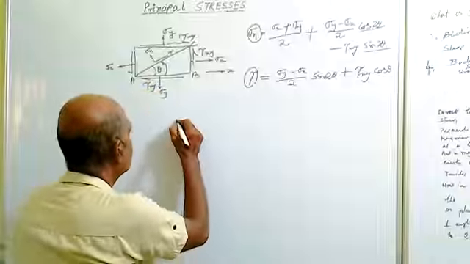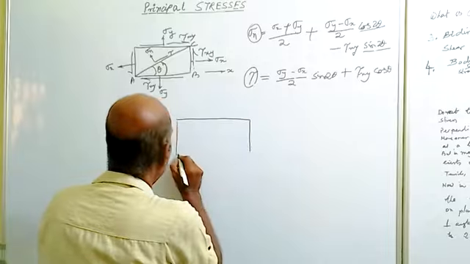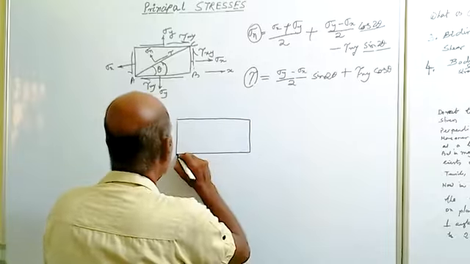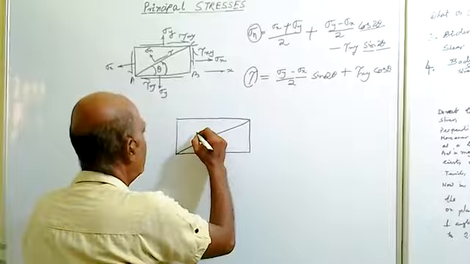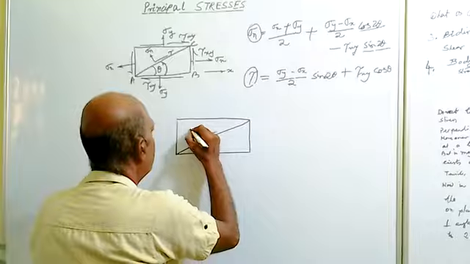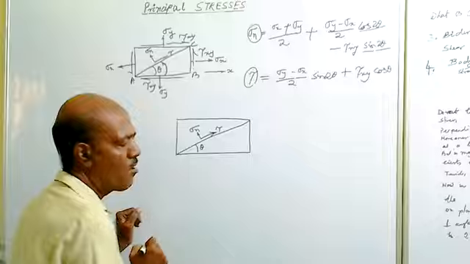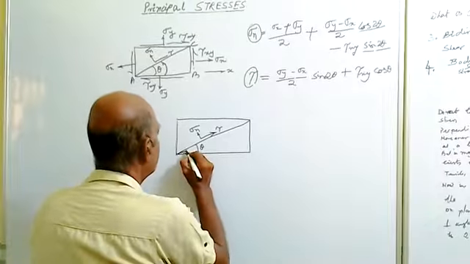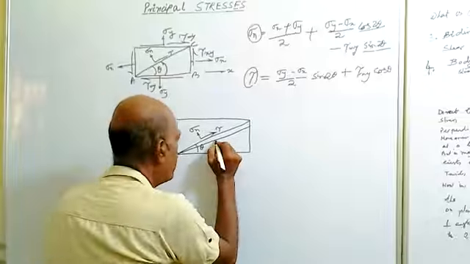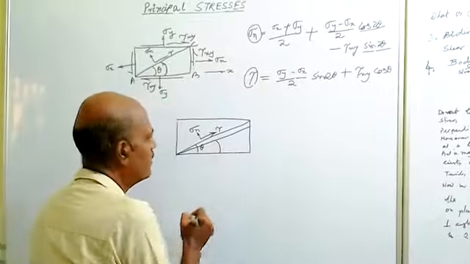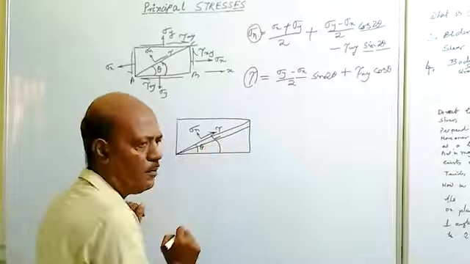Now say this is the body. We have considered an inclined plane at an angle theta, where we have seen that sigma n and tau are developed. Now if we consider another plane whose angle made by the plane with the x-axis is different, then the sigma n and tau values will be different.